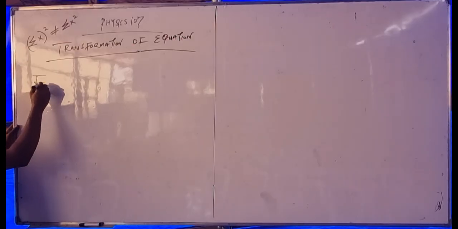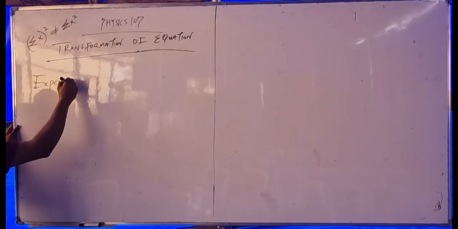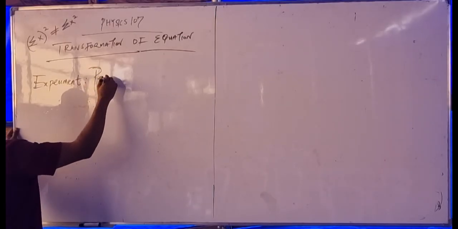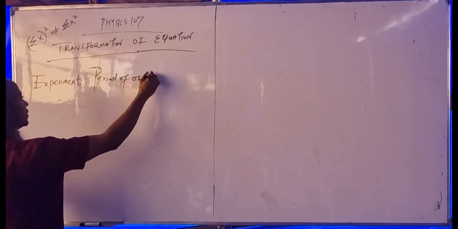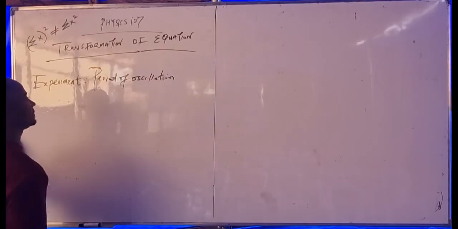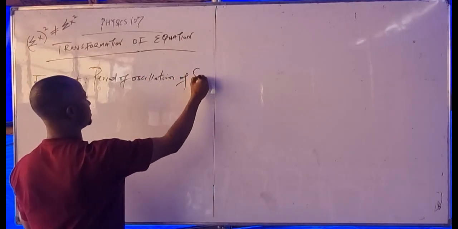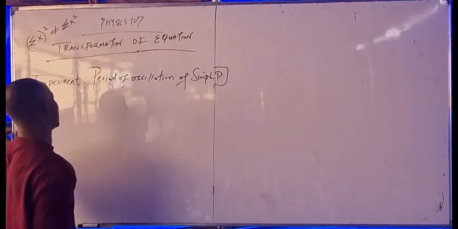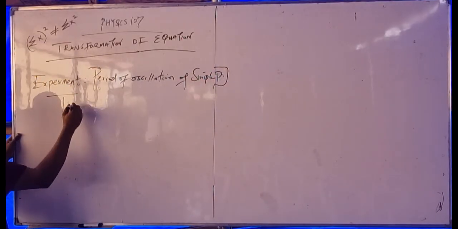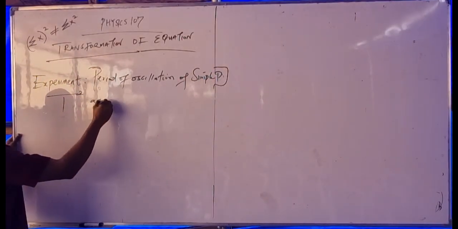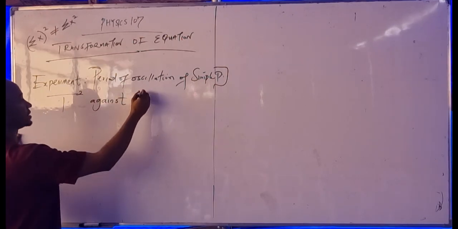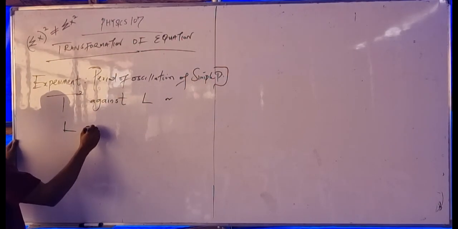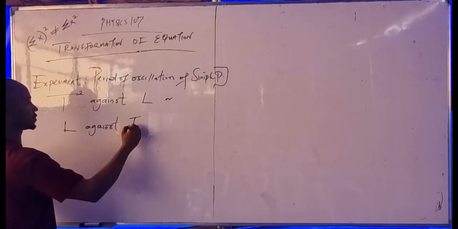Any graph, look at this. In an experiment on, let's say, period of oscillation of a simple pendulum, we have to plot a graph of T-square against L, or L against T-square.